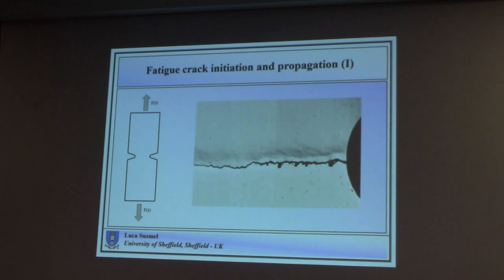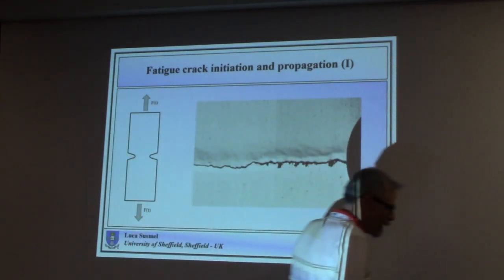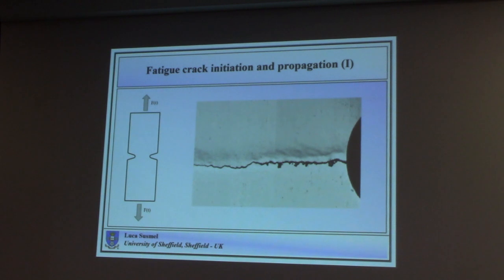And you are really dealing with a material which is homogeneous and isotropic. Okay? So to reach properly that condition, you need a crack which is quite long. It depends on the application, it depends on where you are, but it must be a quite long crack.